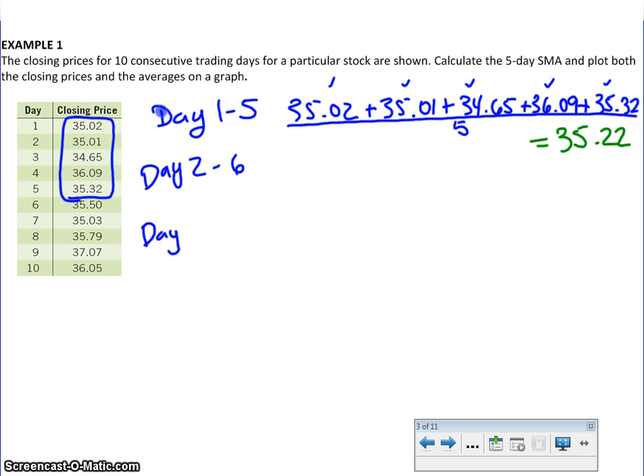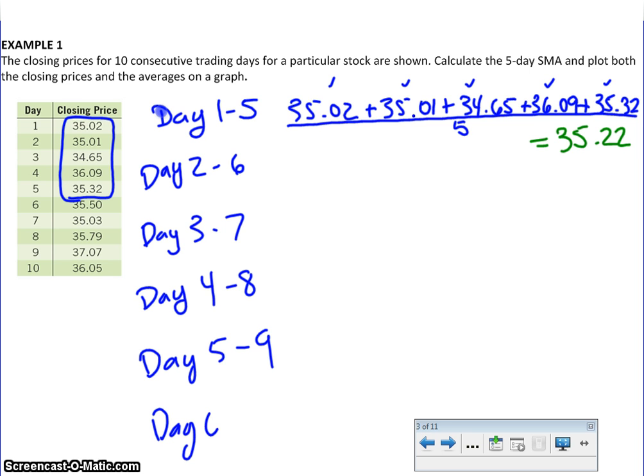We have day 3 through 7. We have day 4 through 8. We have day 5 through 9. And we have day 6 through 10.